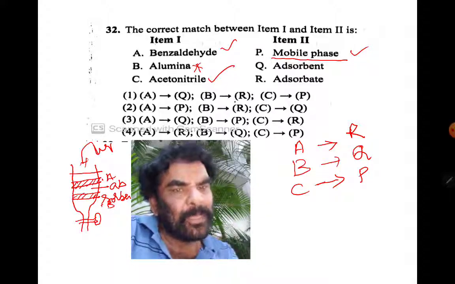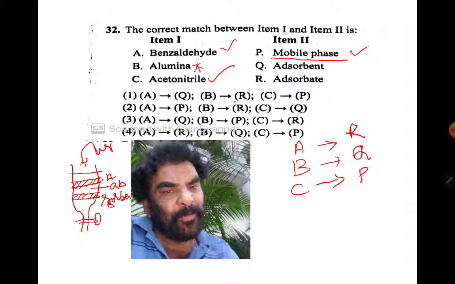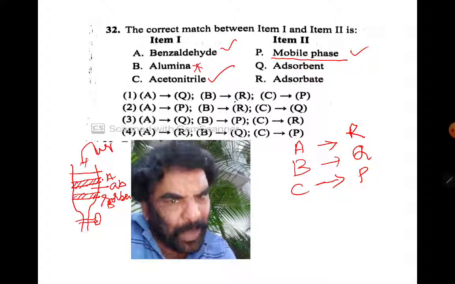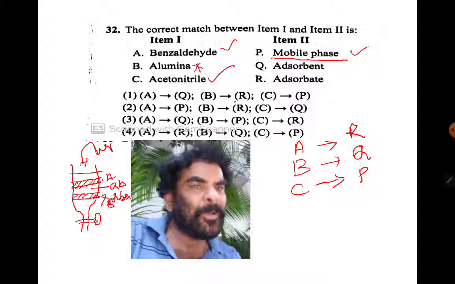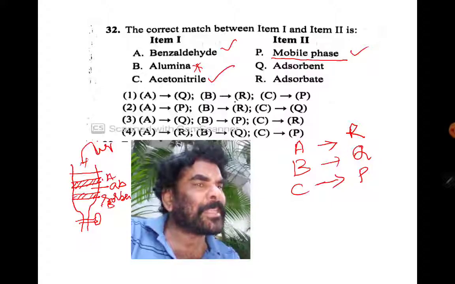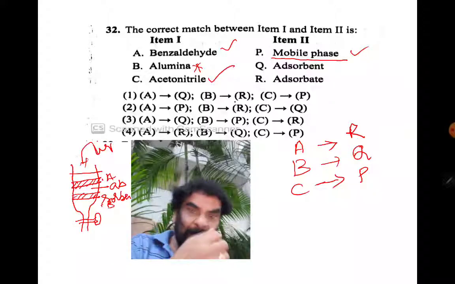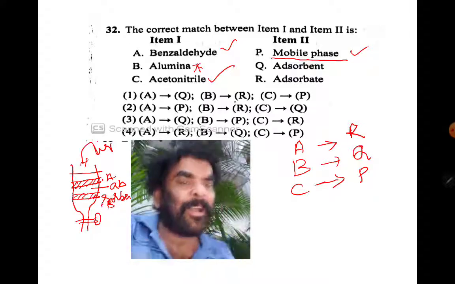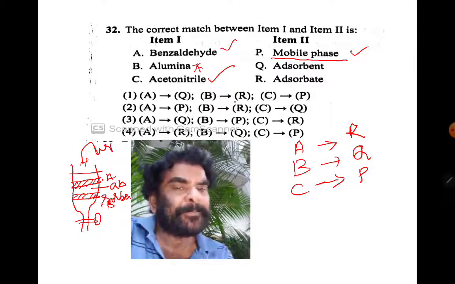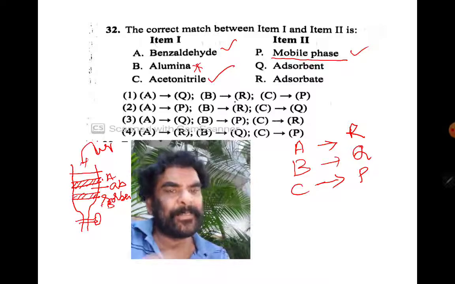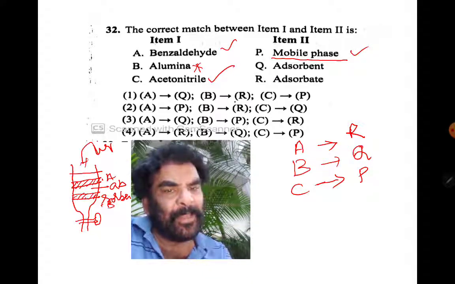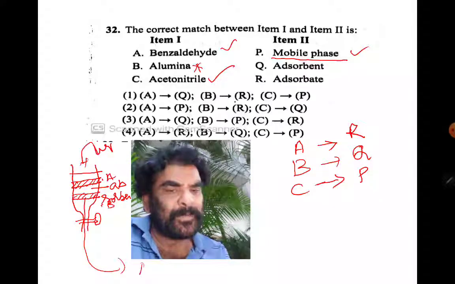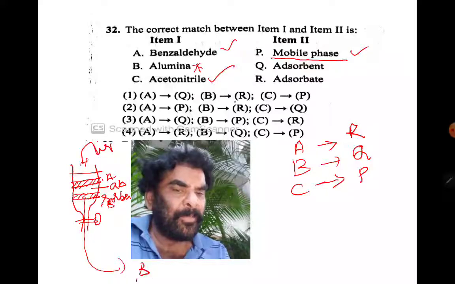Now a suitable solvent is taken which removes only one. Acetonitrile is commonly used as the mobile phase, the liquid used to separate the components from the surface of the adsorbent. If acetonitrile is given, only B comes out.